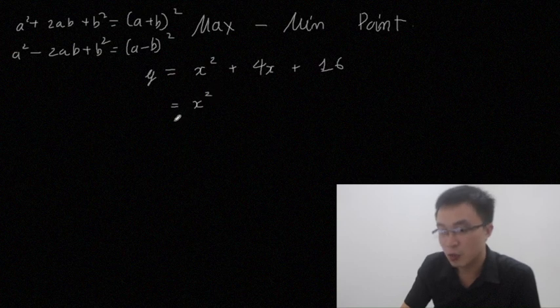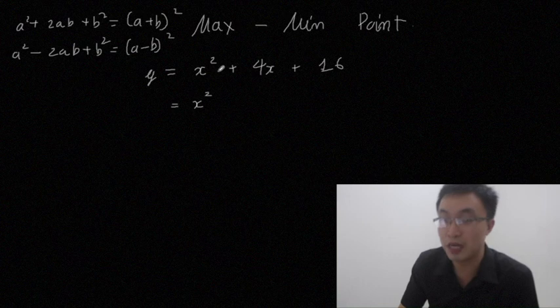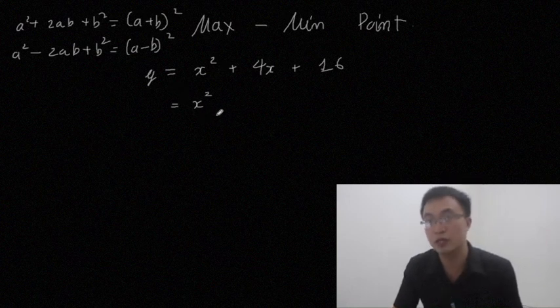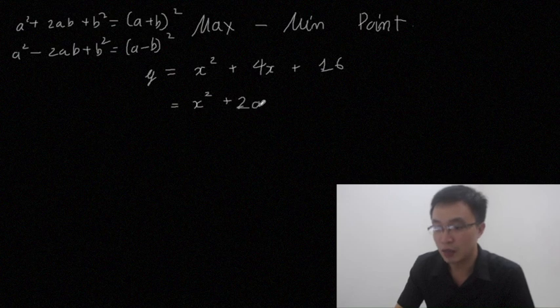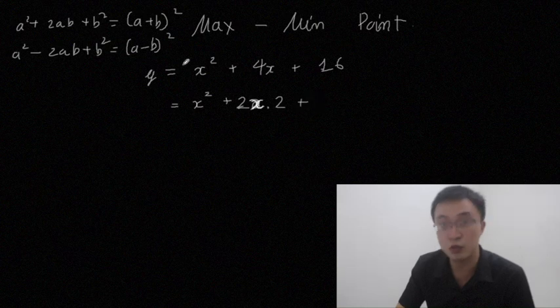I use these identities here to complete the square. First I want to identify where a is, and we know the x squared here corresponds to a, so a equals x. Then we add 2ab, and a is x, and the number for b has to be multiplied by 2x to get 4x. So I can identify b is equal to 2.